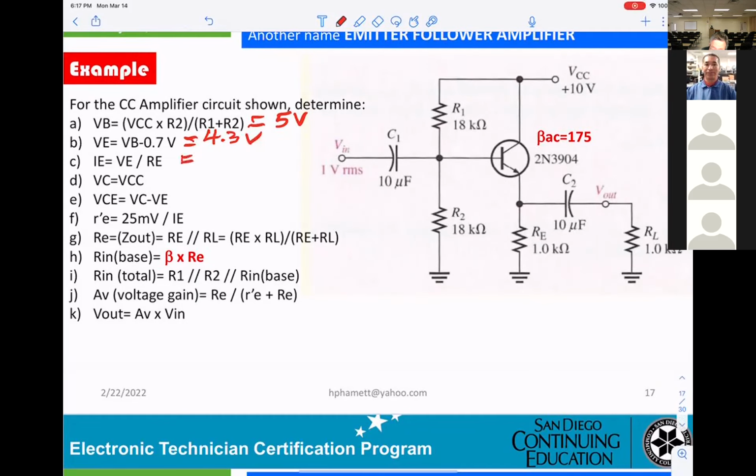IA 4.3 milliamp. VC 10 volt. VCA 5.7. RYA 5.8.